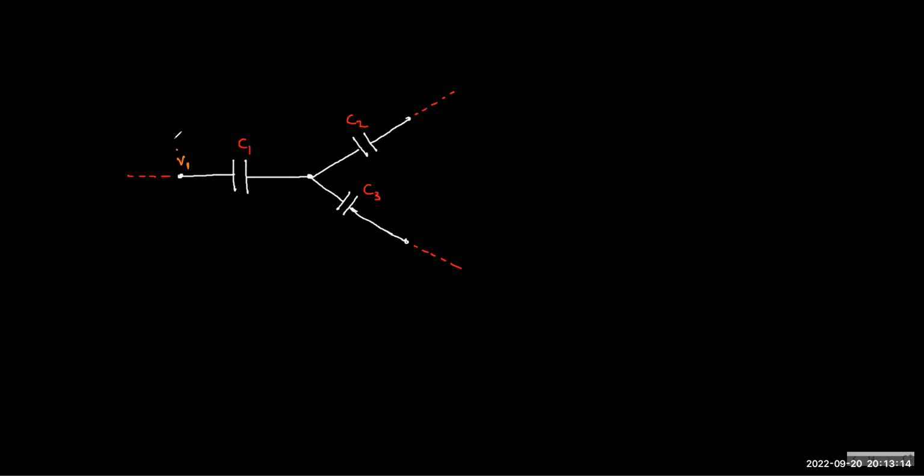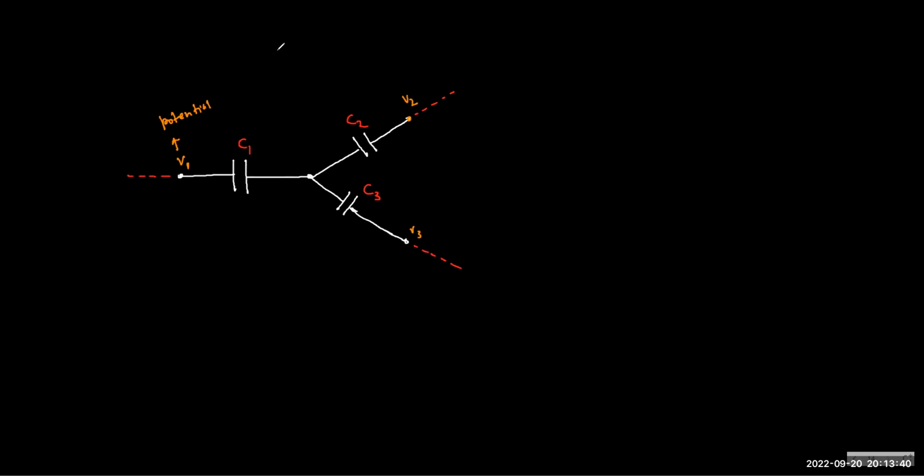So V1 is representing potential, the way we have learned in electrostatics, the potential, not the potential difference. So V1 is not the voltage. What is V1? Only the potential. Similarly, this is V2, and let's call this V3.